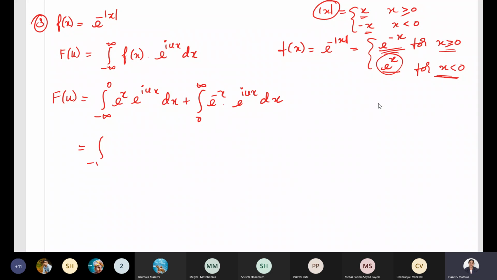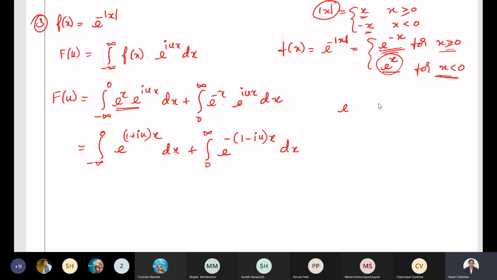Okay, next, suppose integral minus infinity to 0. Now you can combine e power x plus iux. If you take x outside, it will become 1 plus iu into x dx. Similarly over here, 0 to infinity, if I take minus x outside, what will remain? 1 minus iu into x dx.